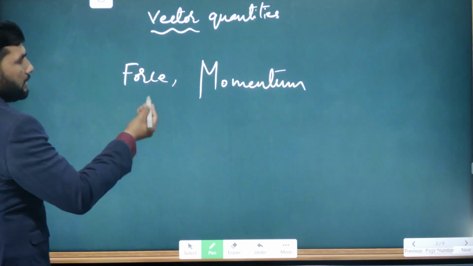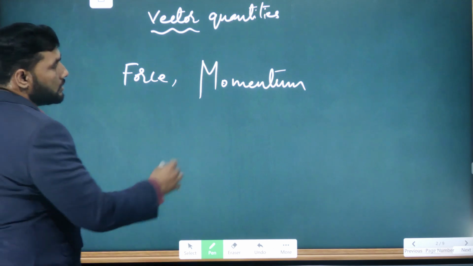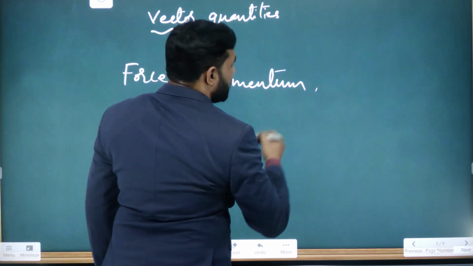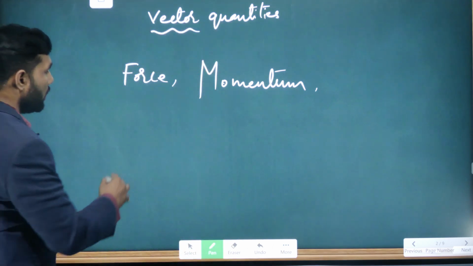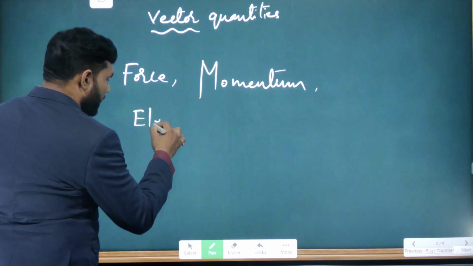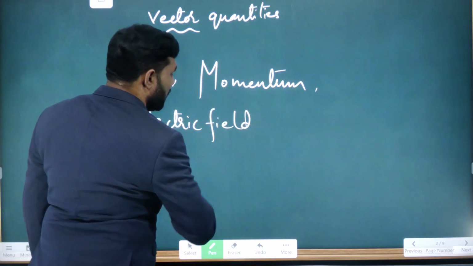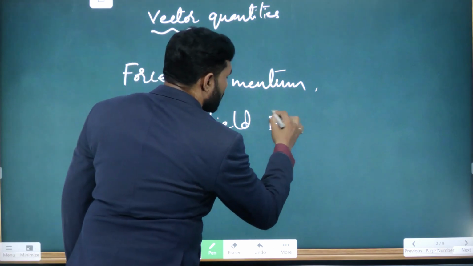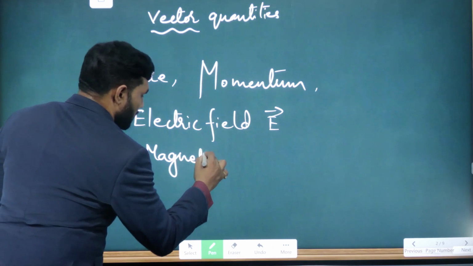Weight and force are both forces only, so I am not writing weight again. Other physical quantities which have both direction and magnitude include the electric field. At higher levels you will learn about the electric field and magnetic field. The electric field is also a vector quantity. Even the magnetic field is a vector quantity.